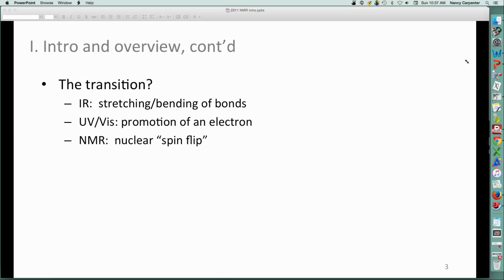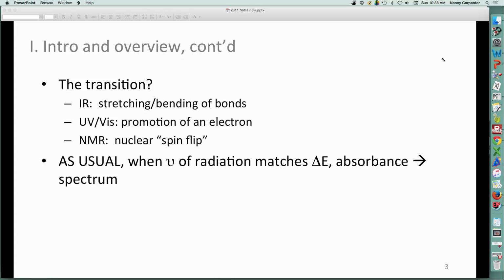What's happening? Well, in IR we know that the energy causes the bonds to stretch and bend. In UV-Vis it's a much higher amount of energy, and it actually kicks an electron from a lower energy orbital up into the LUMO. And now in NMR it's just a little teeny tiny transition called a spin flip. And we'll save the details for 2302.